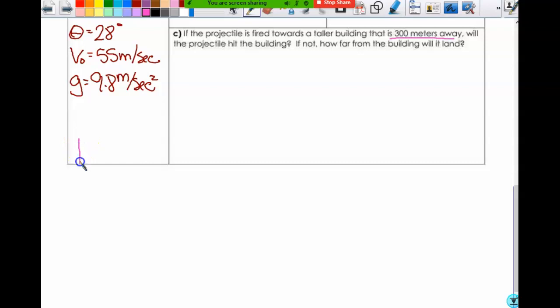We are firing from here, so we have this building. We have a taller building, right? And that taller building, let's say it's 300 meters away. So this is 300 meters. When we fire this projectile, it's either going to hit the building or it's not going to hit the building, right? And if it doesn't hit the building, I got to figure out how far away it is.